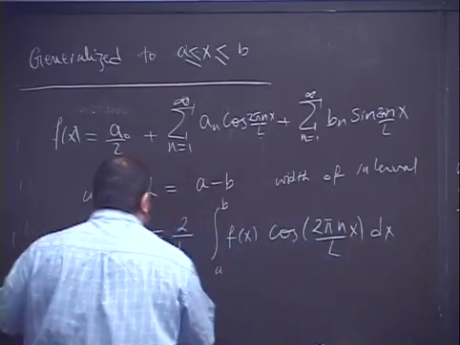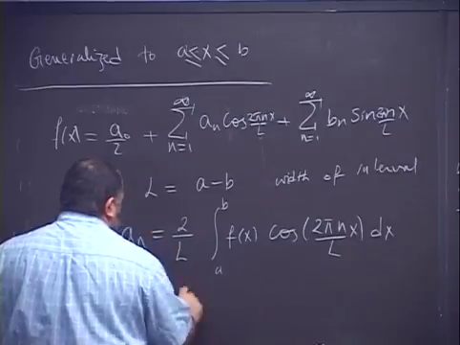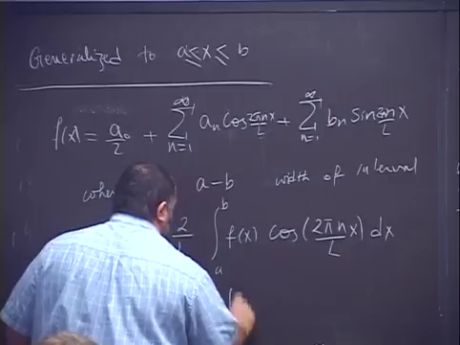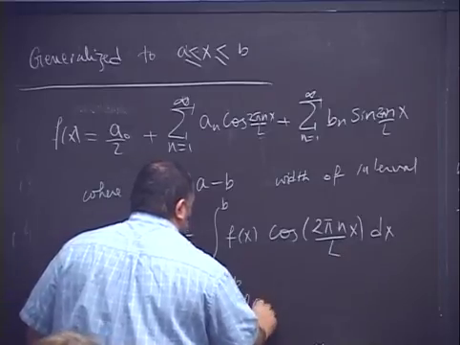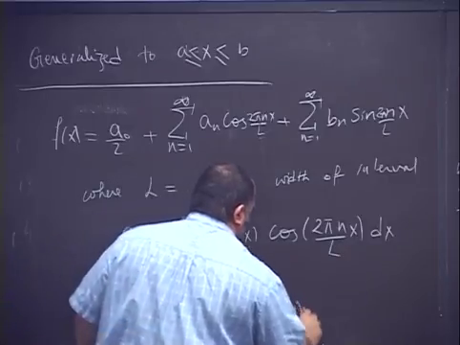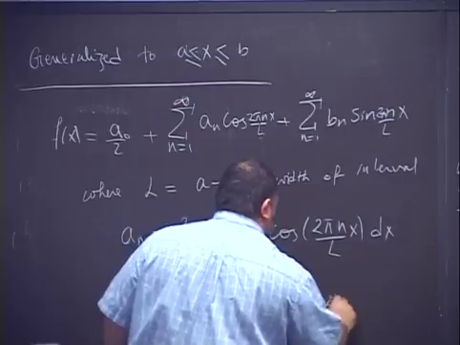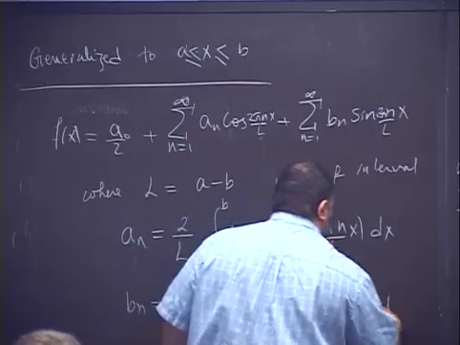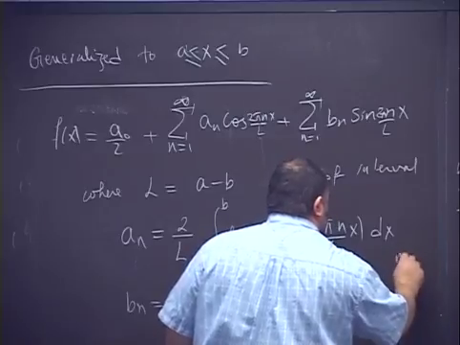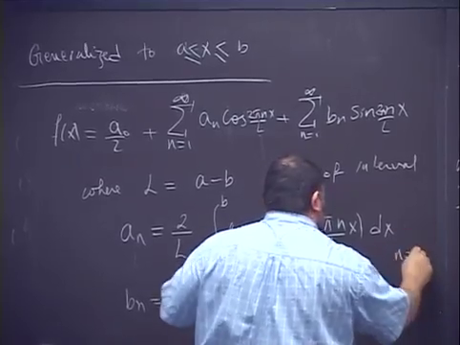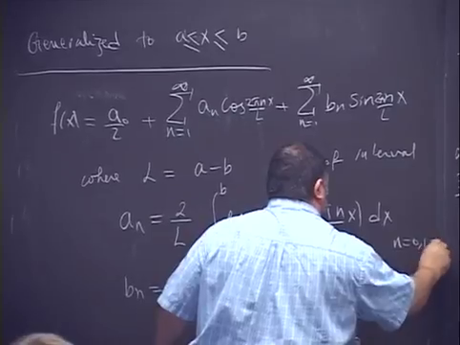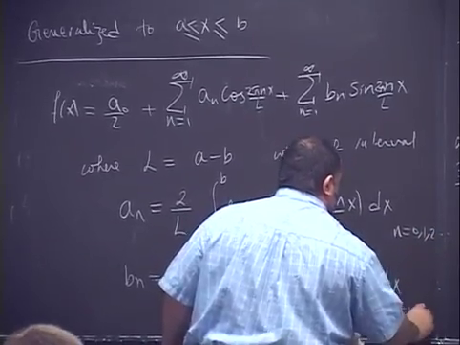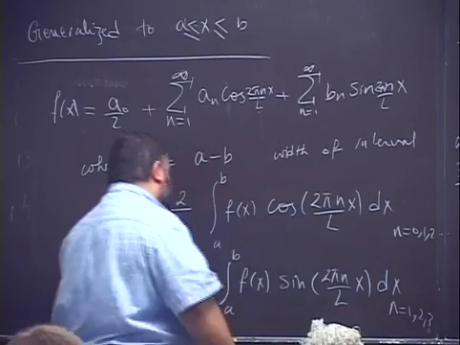And Bn will be equal to 1 over L multiplied by the integral from a to b of f of x sine 2 pi n over L multiplied by dx, where n for this case will be 0, 1, 2, and so on, and n for this case will start from 1, 2, 3, and so on.